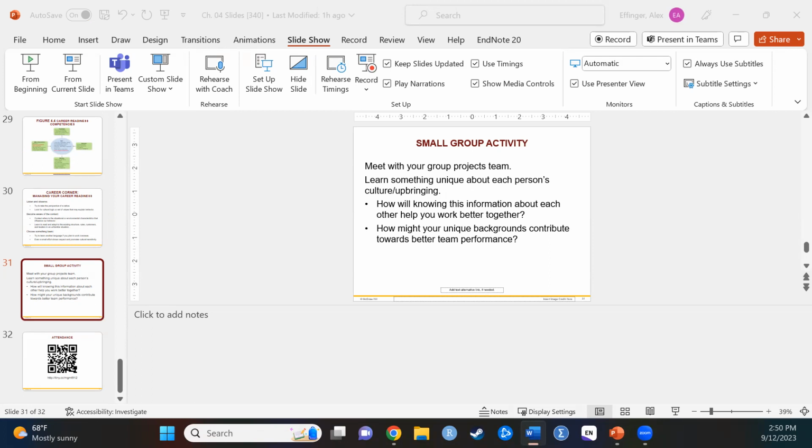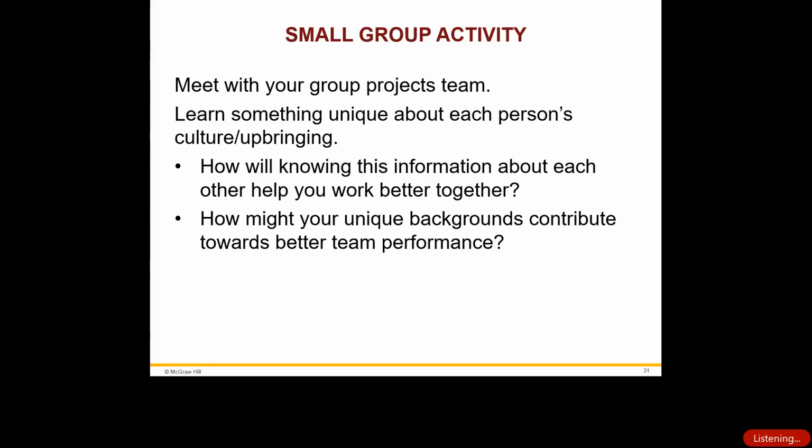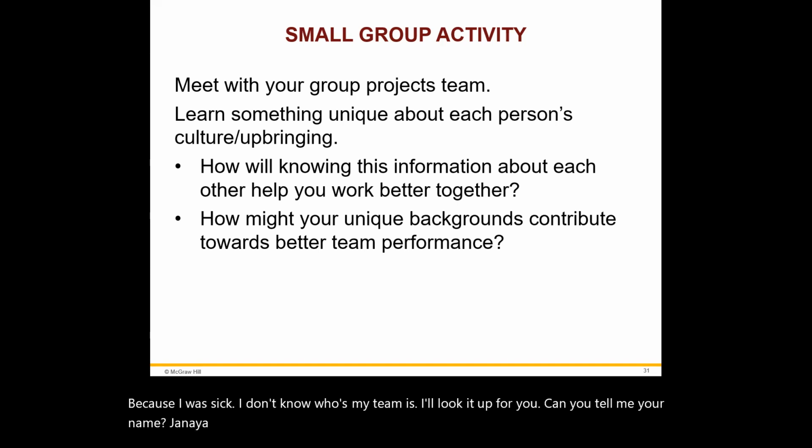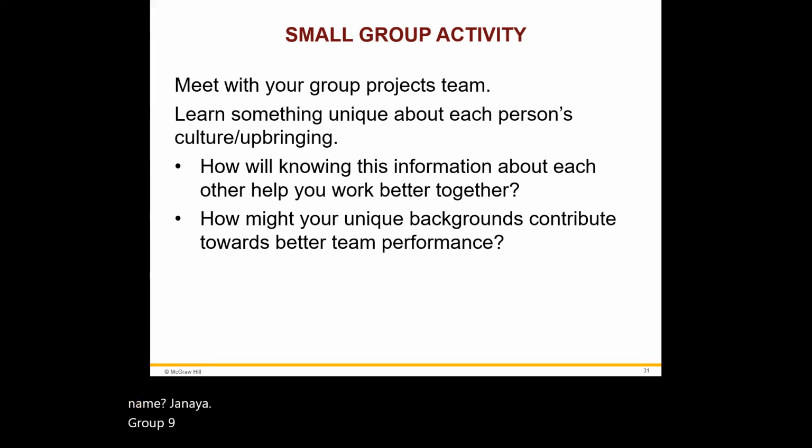The far back right side of the room should be group 7. Just ask when you get back there if they're group 7. I was sick Thursday, I don't know who my team is. I'll look it up for you. Can you tell me your name? Janai. Your group is 9. Group 9 should be the back left corner, all the way in the back.